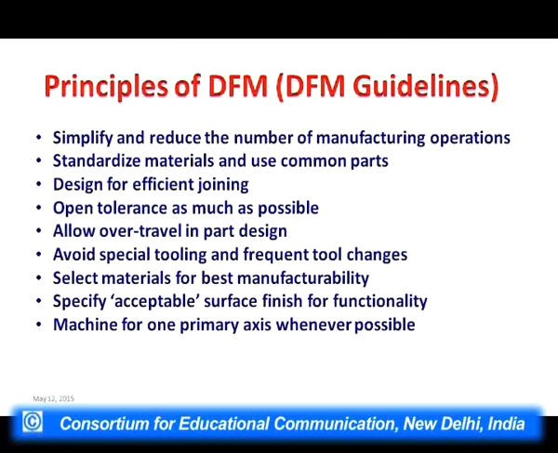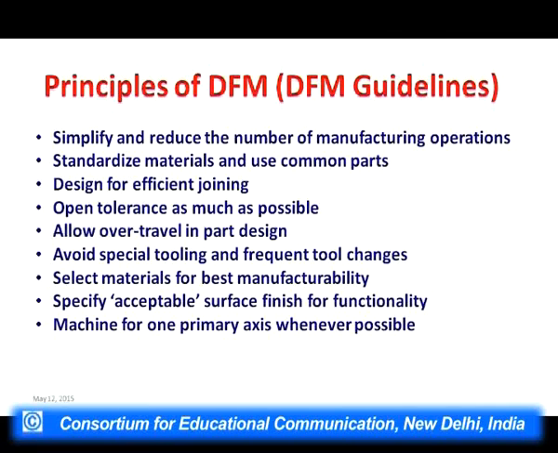Avoid special tooling and frequent tool changes. Special tooling is costly and its availability is also poor, so common tools should be used in the manufacturing process. Select materials for best manufacturability. Use those materials which are easy to handle and easy to manufacture.